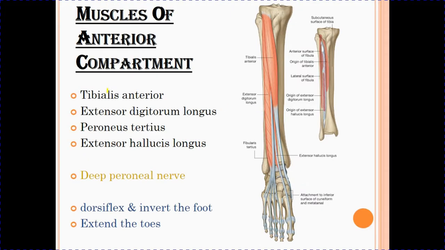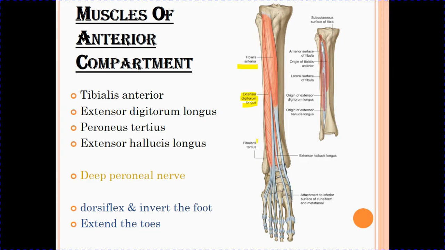So we said that four muscles are present in the anterior compartment. The first muscle, you have to look into the figure. The first muscle is the tibialis anterior muscle. The second muscle is extensor digitorum longus muscle. When you remove the tibialis anterior muscle, beneath it we will find extensor digitorum longus muscle.